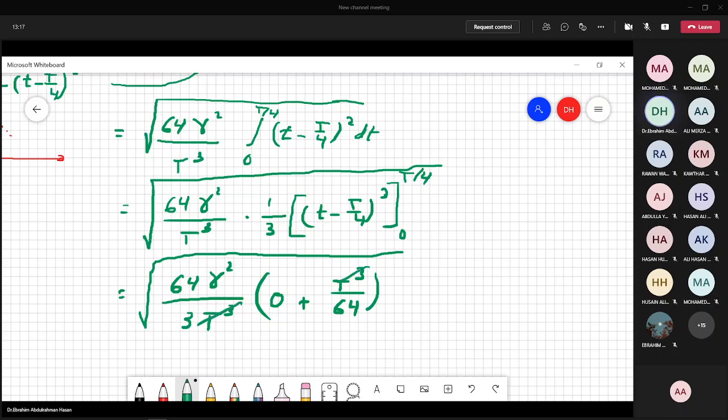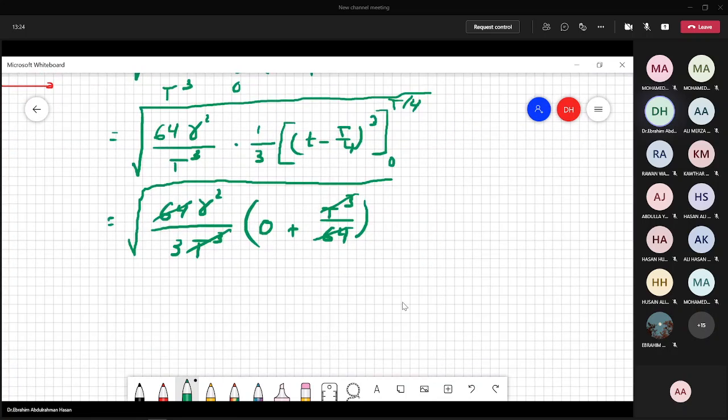T cubed cancels with t cubed, 64 cancels with 64, and we are left with gamma squared under root, which is equal to gamma divided by root 3. Okay, and 1 over root 3, yeah. Calculating root 3. And this is the root mean square value.